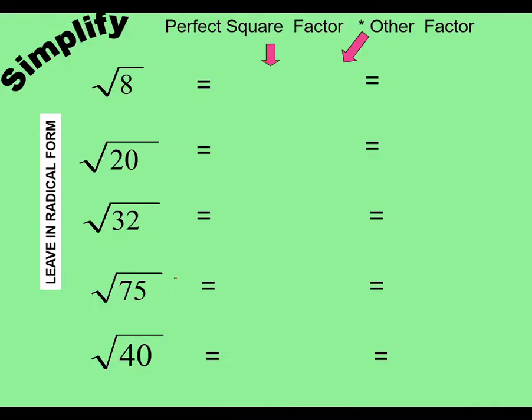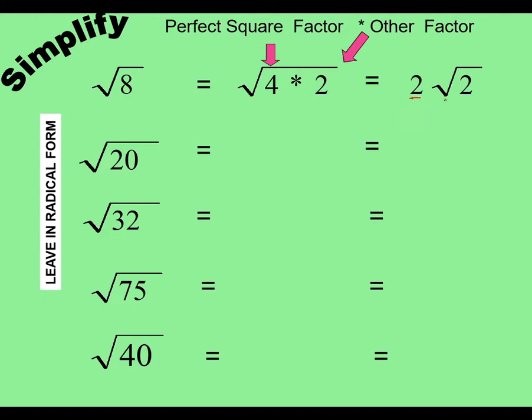So, simplify the square root of 8. Ano ang perfect square para sa 8? Siyempre, 4. So, 4 times 2. And then, what is square root of 4? Is 2.